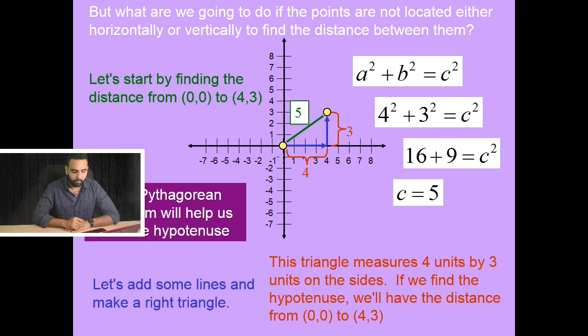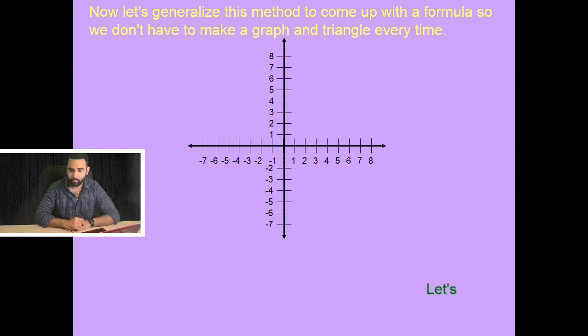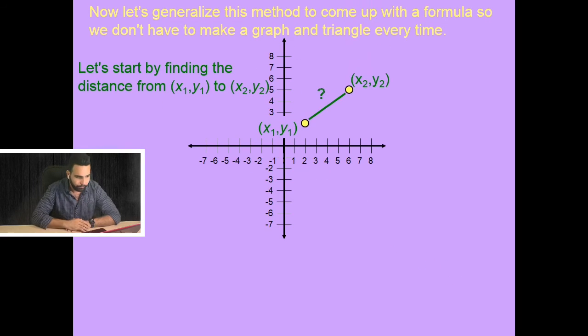But do we have any rule or formula to find the distance? Yes. How do we find this formula for the distance between any 2 points? For example, let's find the distance between 2 points, (x1, y1) and (x2, y2).